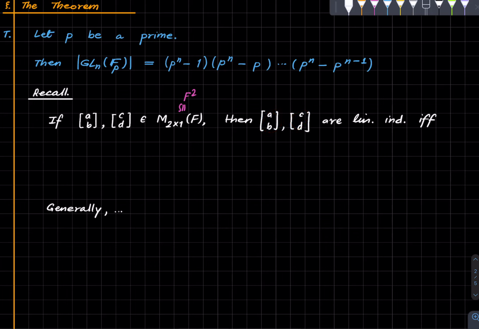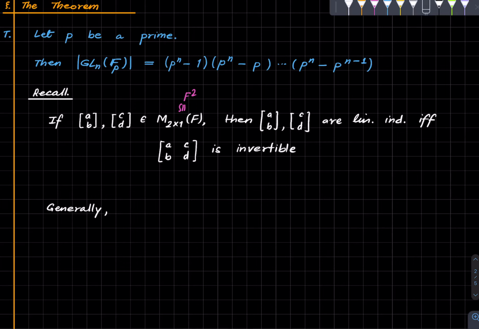the matrix that you get by just putting the two columns side by side is invertible, which is to say that its determinant is non-zero. So that's a simple fact.